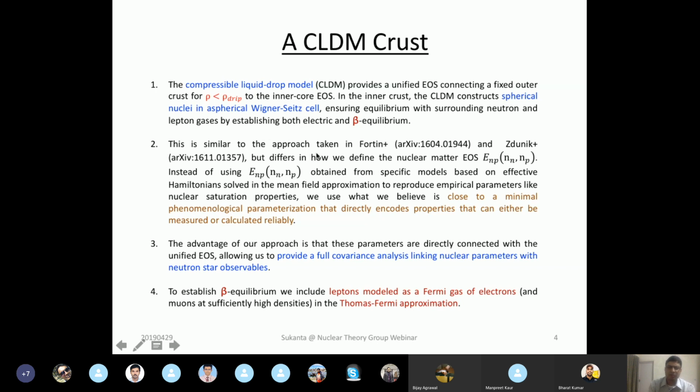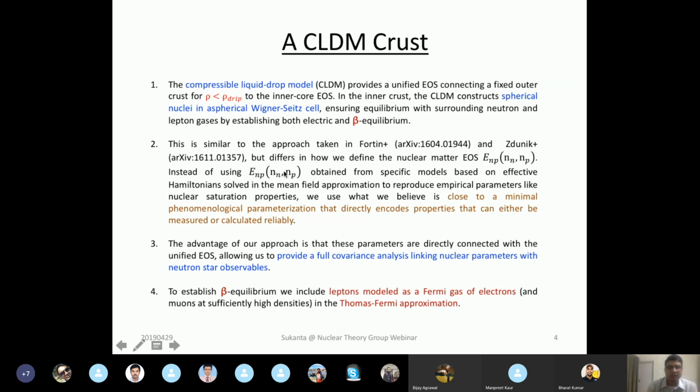This is similar to the approach taken in some past papers, such as by Fortin et al. and Zdunik et al. But our approach differs from them in how we define the nuclear matter equation of state through this nucleon energy density. N and P subscripts represent basically the neutron and proton. NN is the neutron number density, NP is the proton number density.